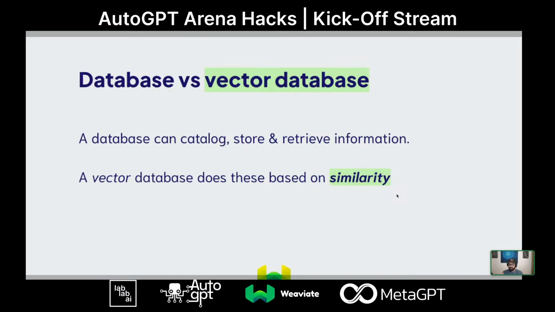If you have a concept that you're interested in, you could go to Google and search up that concept, and it will bring you all of the web pages that are relevant to that concept. A vector database does the same thing, this sort of semantic or similarity search, but over your own data.